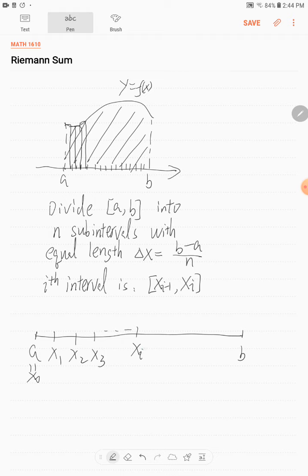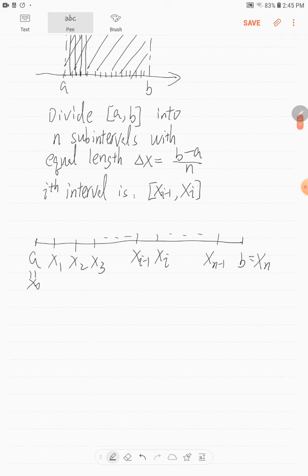This is xi minus 1, this is xi. And continue, and here is xn minus 1. This is xn.